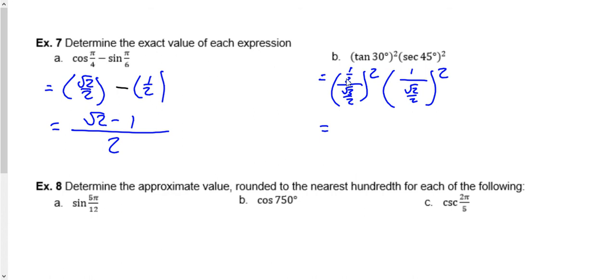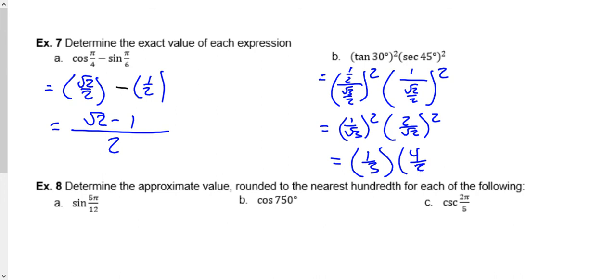Cleaning all that up, on the left side we have 1 over root 3 all squared, and on the right side this is now 2 over root 2 all squared. Right now I'm not going to worry about rationalizing the denominators, because the squaring is going to take care of it for us. So on the left we have 1/3, and on the right it's going to be 4 over 2. Multiplying fractions, you get 4 over 6, because you go top times top, bottom times bottom, which is ultimately 2 over 3 for an answer.